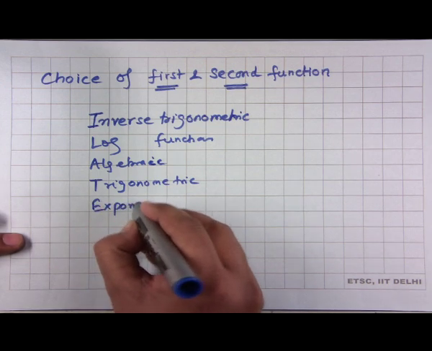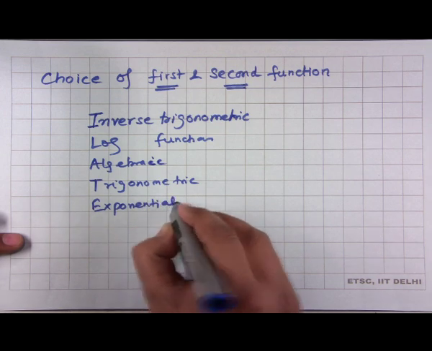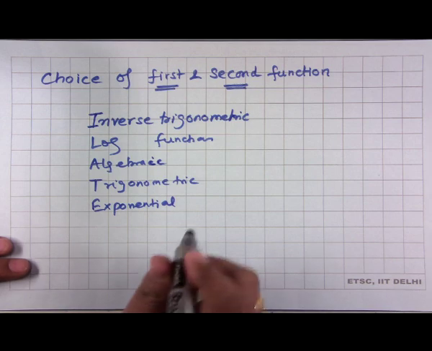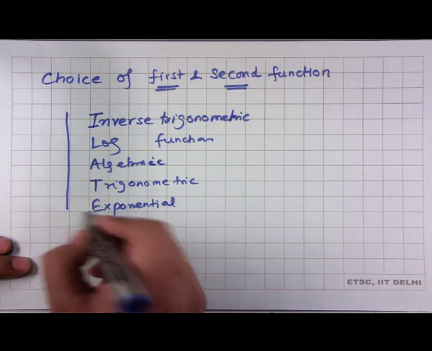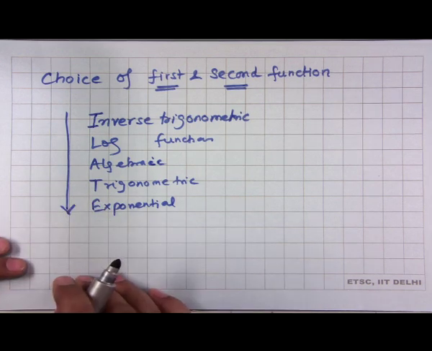Exponential functions usually do not create much problem. So, the convention says that this usually should be the order of selection.